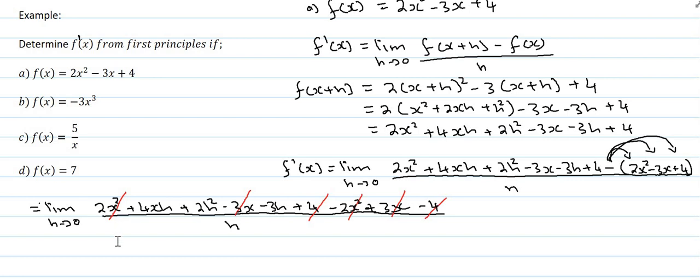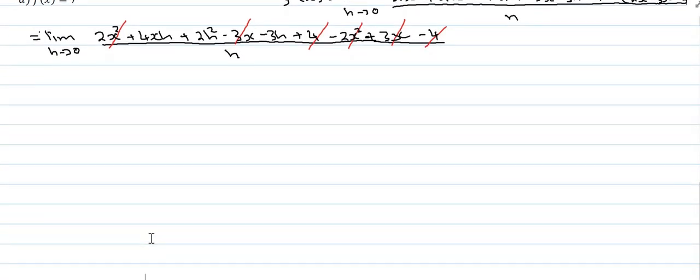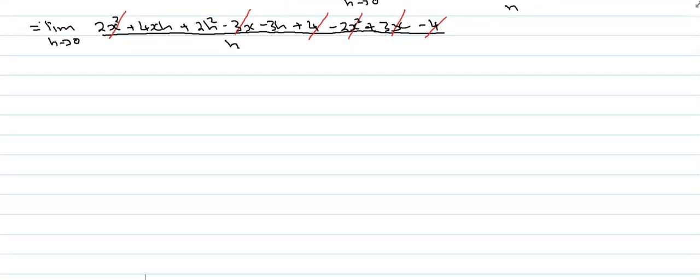Then we are going to be left with the limit as h approaches 0. We have 4xh plus 2h squared minus 3h, all divided by h.